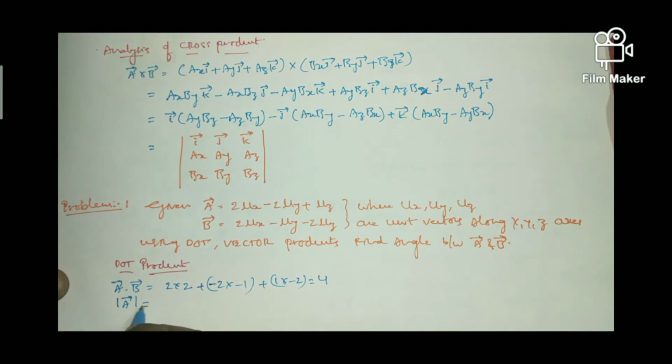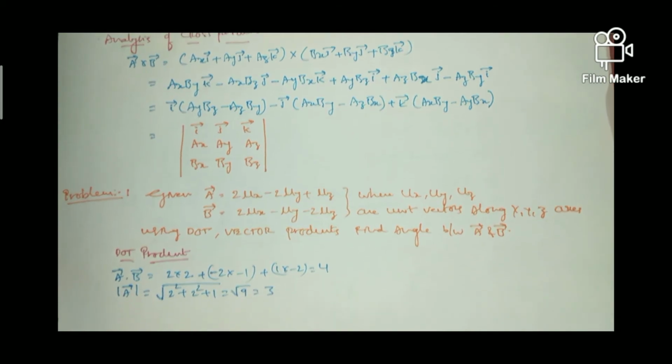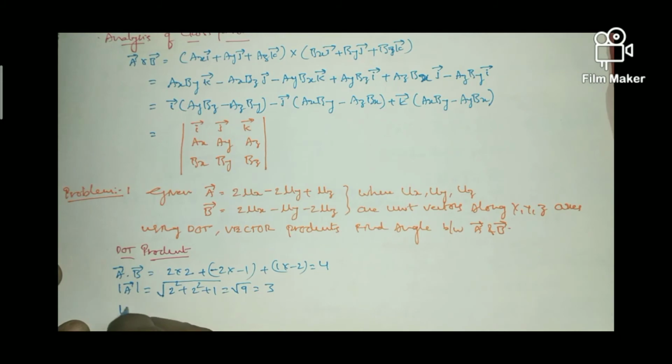The modulus of a bar is equal to square root of 2 square plus 2 square plus 1, which is equal to square root of 9, that is 3. Similarly, the modulus of b bar is equal to square root of 2 square plus 1 square plus 2 square, which is equal to square root of 9, that is 3.